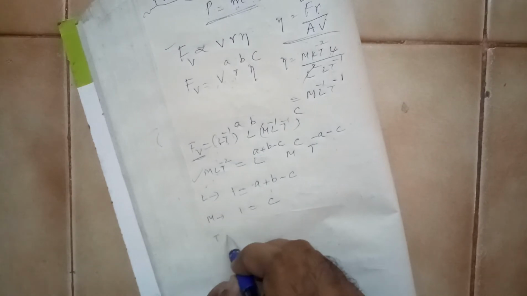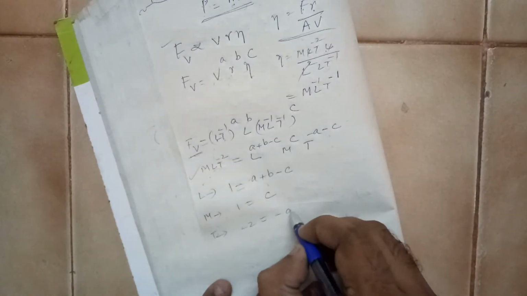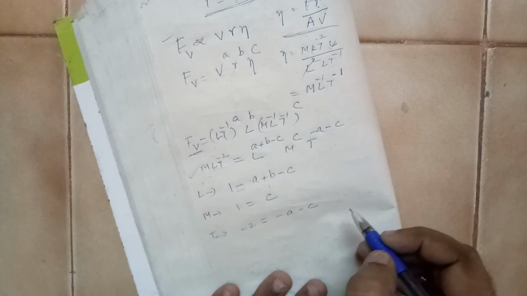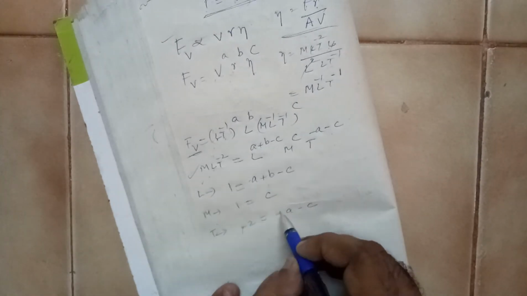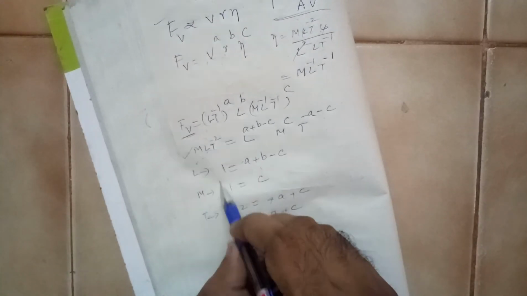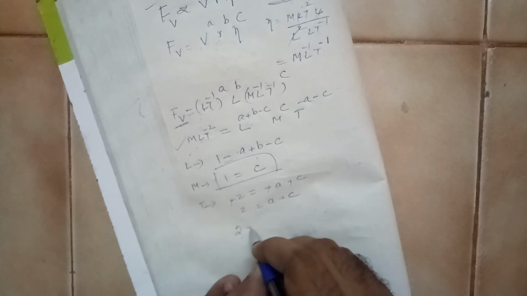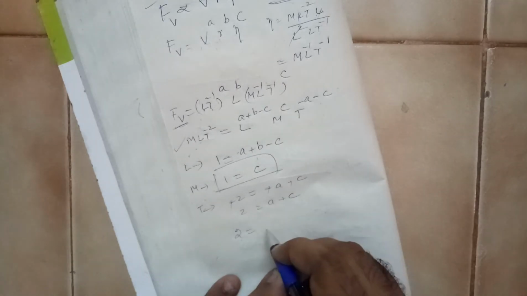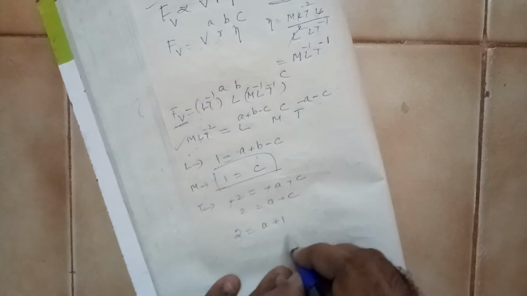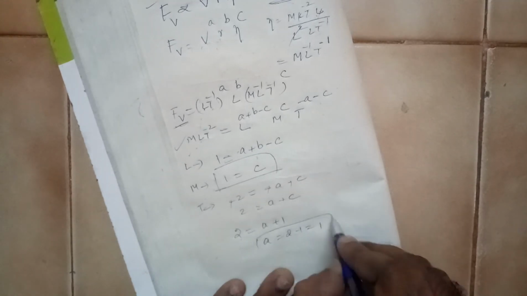If I take T, minus 2 is equal to minus a minus c. So you can cancel out this minus. It becomes 2 is equal to a plus c. But c is equal to 1. So put here, it becomes 2 is equal to a plus 1, or a is equal to 1.